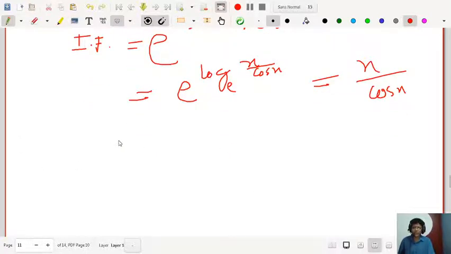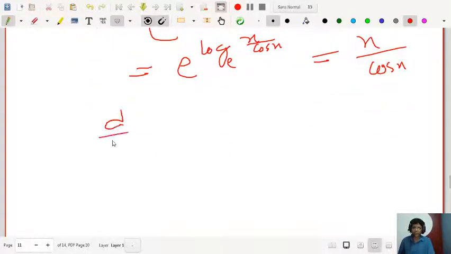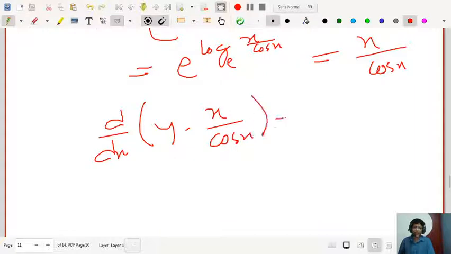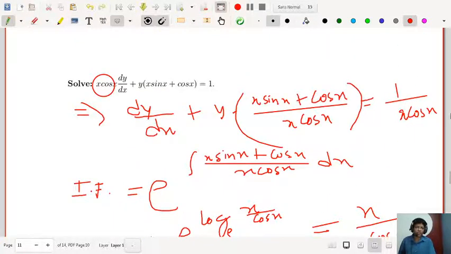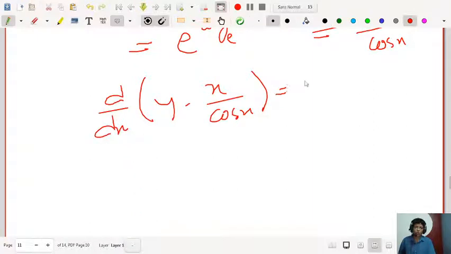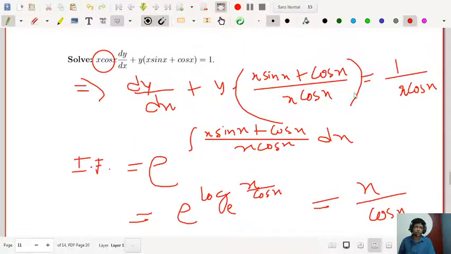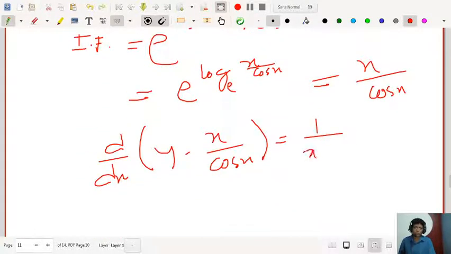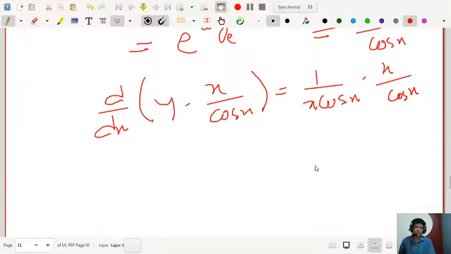After multiplying, you can write directly d/dx of y into this integrating factor, and this integrating factor is multiplied on the right hand side. Your right hand side is 1 by x cos x, and you are multiplying with this integrating factor, so x and cos x get cancelled, and it is sec square x.